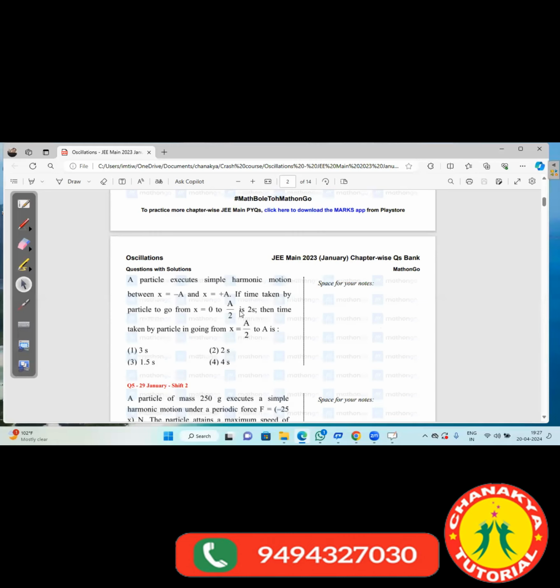If the time taken by the particle to go from x equal to 0 to a by 2 is 2 seconds, then the time taken by the particle in going from x equal to a by 2 to a is... So a very important question here.